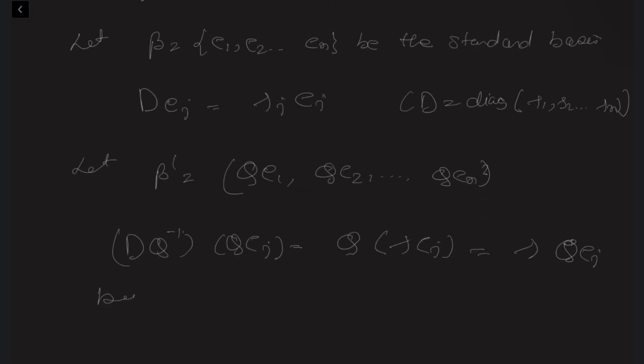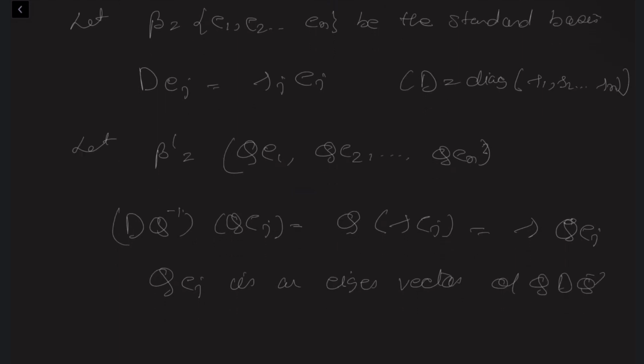But beta dash, so what does it imply? It implies that my Q Ej actually is an eigenvector of Q D Q inverse.